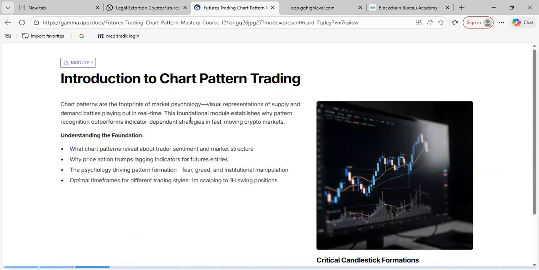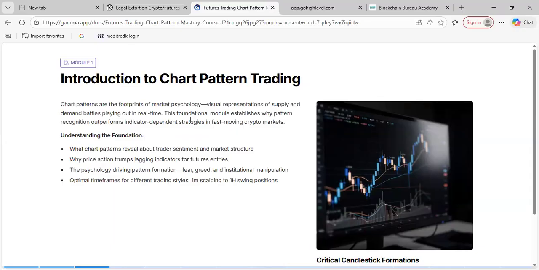Now, the introduction to chart pattern reading. Most people read straight off the fundamentals. They go and get a charting book and read it straight off the fundamentals. That stuff works perfectly well when it comes down to stocks.